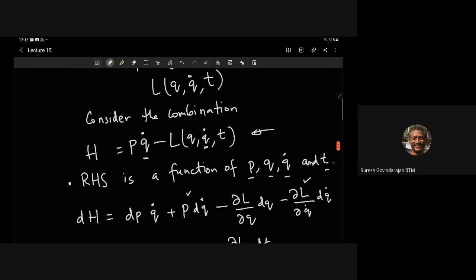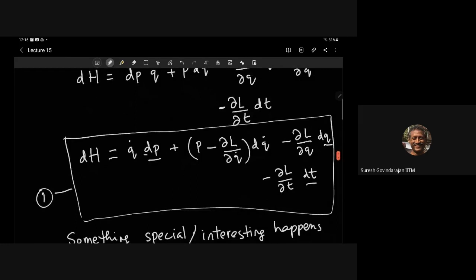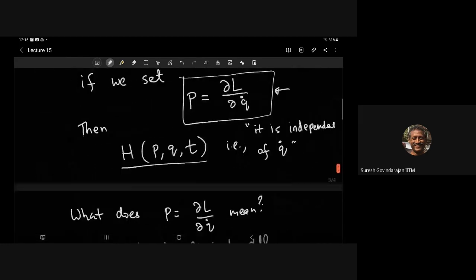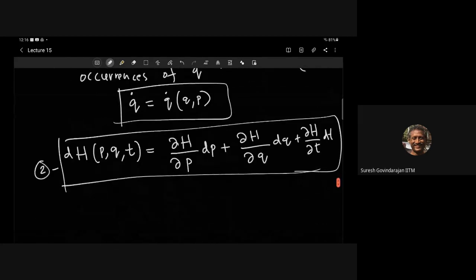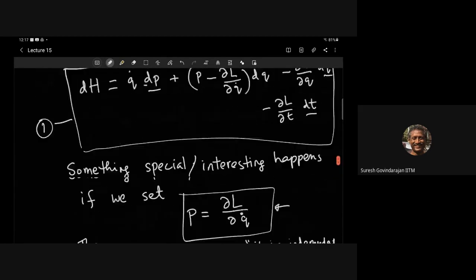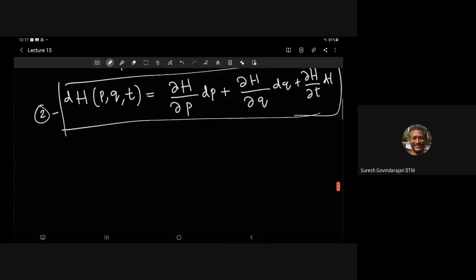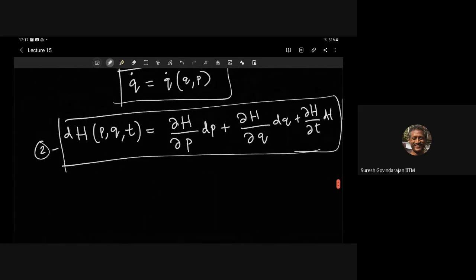So equation 1 is just the right hand side of this equation being evaluated infinitesimally. That's what we did. But now equation 2 is where we are looking at h as only a function of three variables p, q, and t. And now we have to compare them. So we just look at the coefficient of dp. Sorry, I have to keep going back and forth. That is just q dot. Okay, so we get q dot equal to dh by dp.